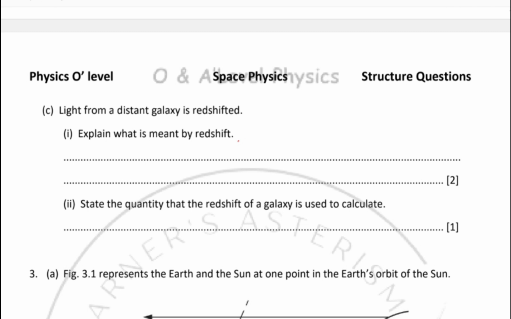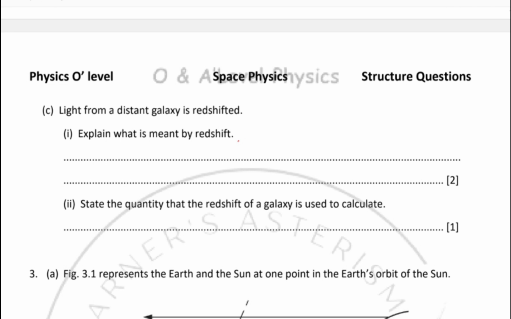Number 1, explain what is meant by redshift. Dear student, keep in mind, redshift is a phenomena in which the light coming from the source or from the galaxies move away from the observer.